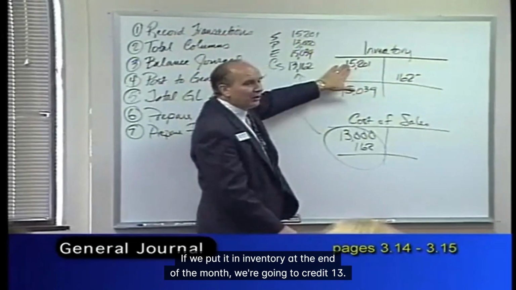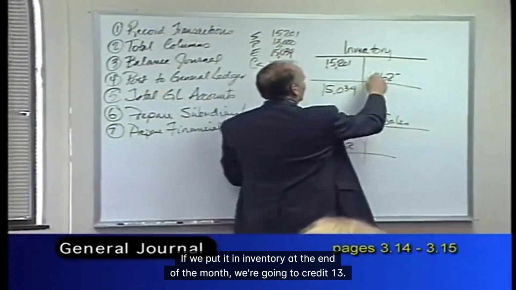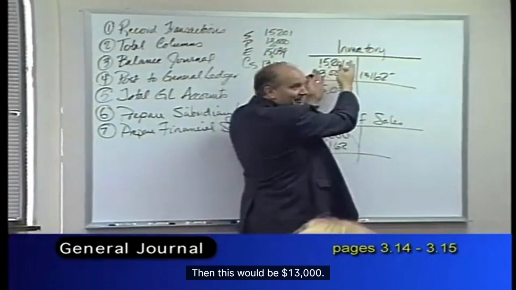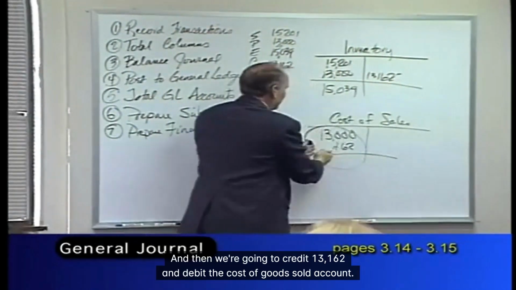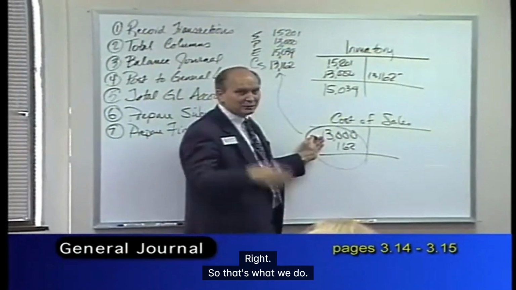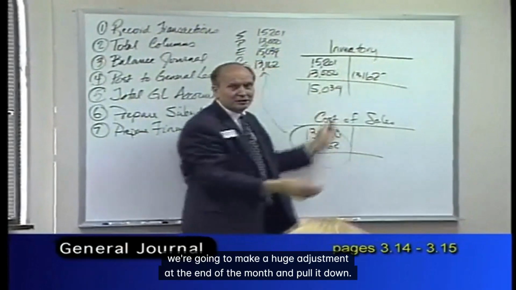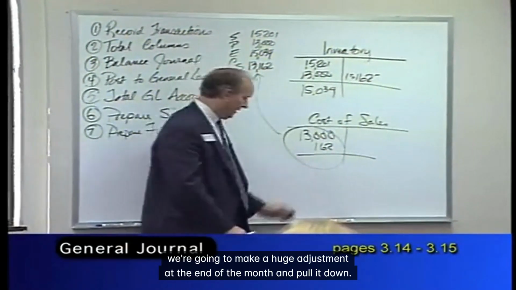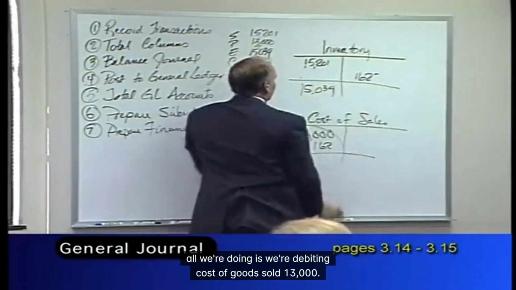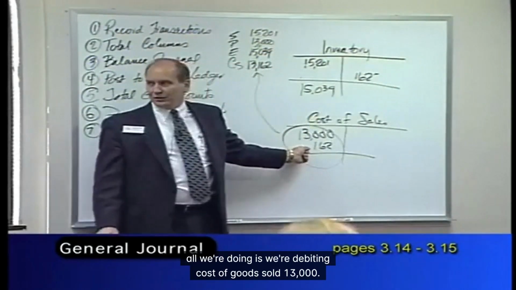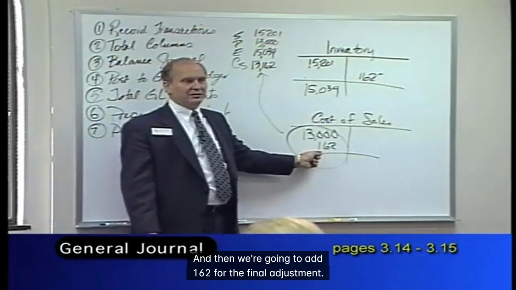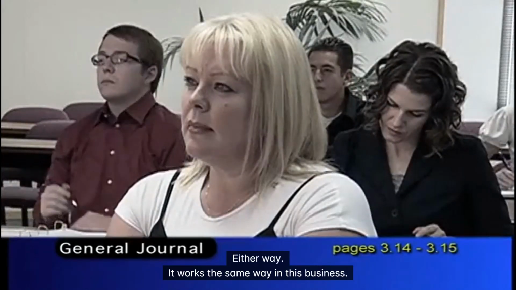If we put it in inventory, at the end of the month we're going to credit 13,000, and then credit 13,162 and debit the cost of goods sold account, right? We're going to make a huge adjustment at the end of the month and pull it down. In this case, all we're doing is debiting cost of goods sold 13,000, and then we're going to add 162 for the final adjustment. Either way, it works the same way.